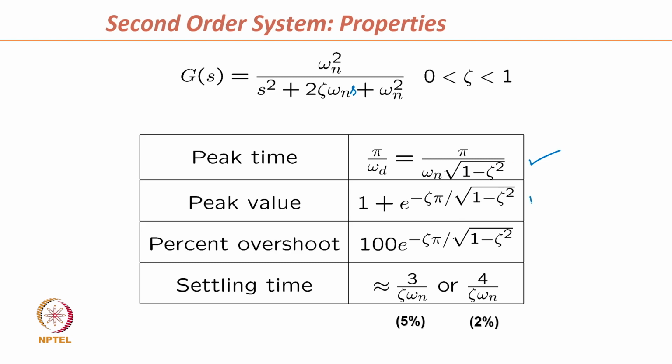Peak value is given by this expression, percentage overshoot is this, and the settling time is 3 upon zeta omega n or 4 upon zeta omega n, depending upon whether we specify 2% or stay with the 5% value. We can see one thing, all these parameters depend only on omega n and zeta. So, these two parameters are very important in describing the system.